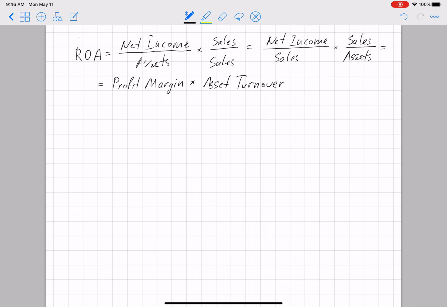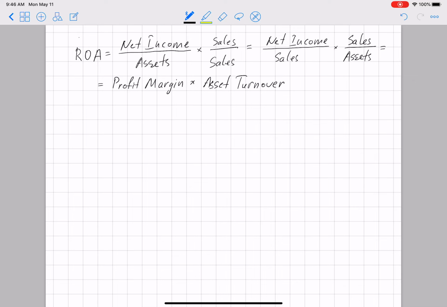One is you can just improve your profitability per dollar of your sales, which is profit margin. But another one, which is less obvious, is your asset turnover. You should be able to more efficiently generate sales with your assets. Think about it this way. Suppose you have a relatively low profit margin, but your asset turnover is high.